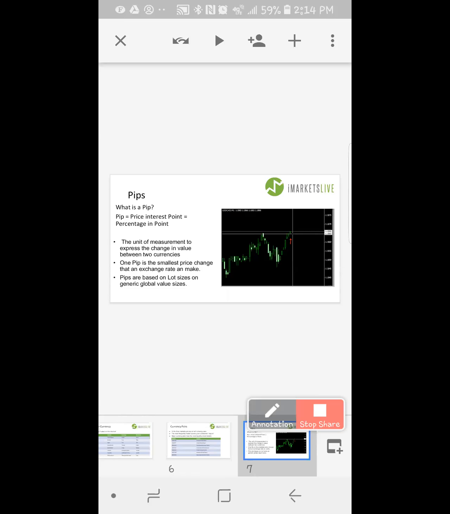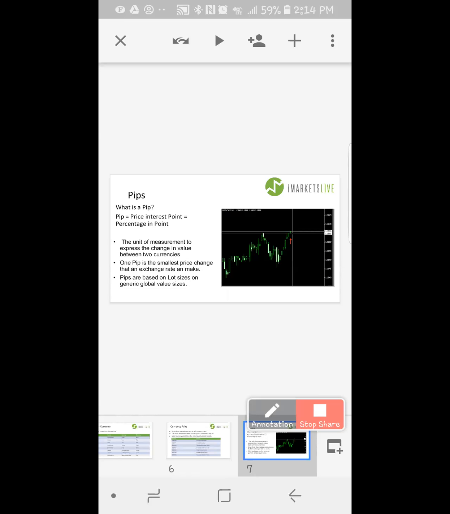Now, if you're doing Japanese, JPY, it's only three numbers after the decimal point. That third one is the pipette. So I always cross that one off. I'll put it back on later, but I cross it off just to add. And anything else besides JPY is going to be that fourth one.